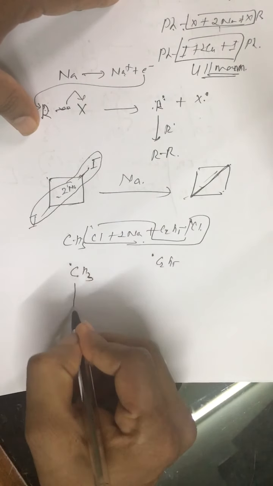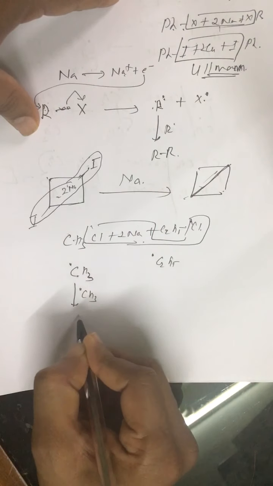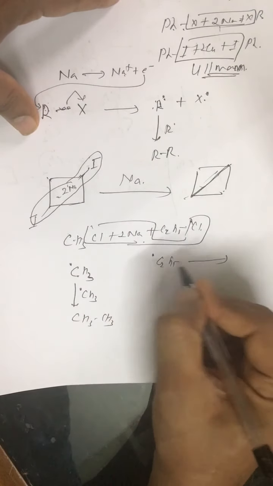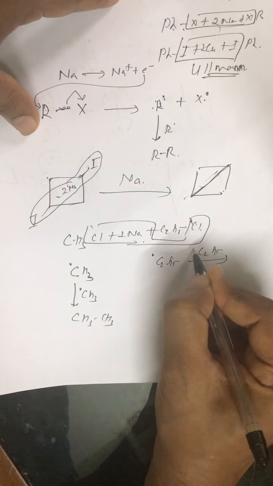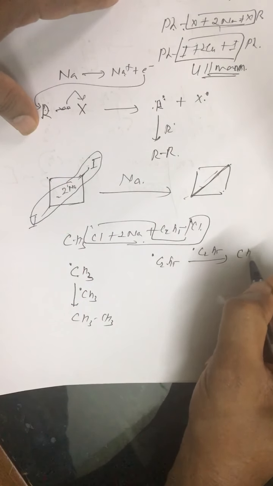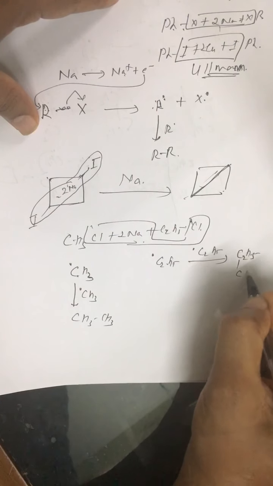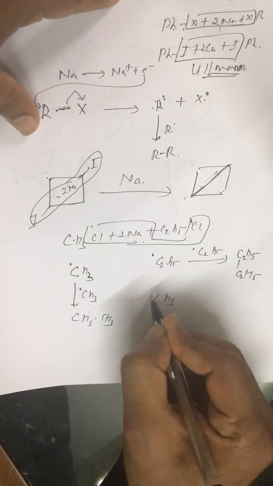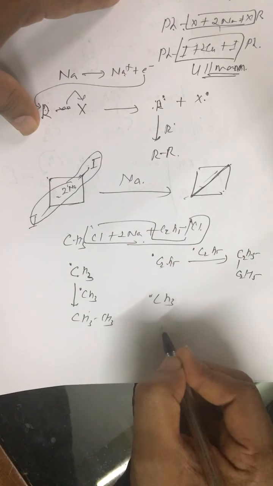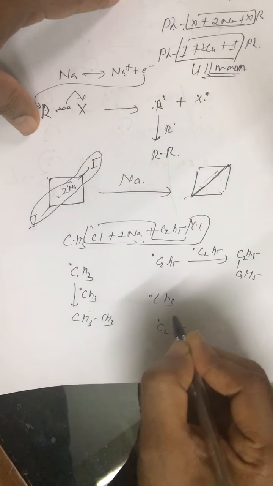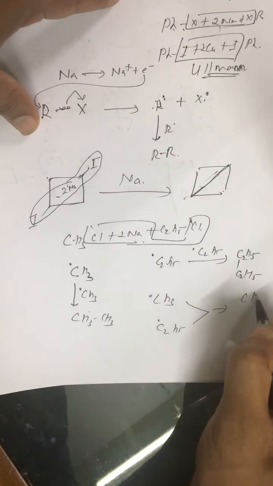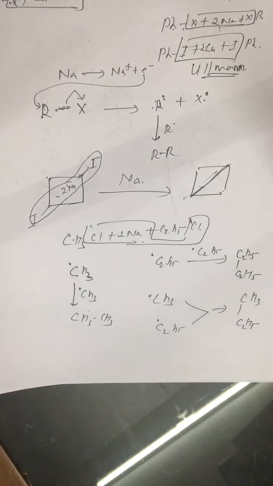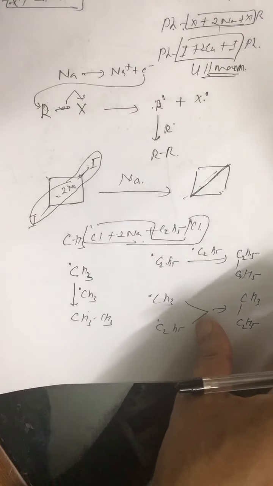So CH3 can combine with another CH3 free radical to get ethane. Similarly, ethyl free radical can combine with another ethyl free radical to get butane. And now these two can also combine. CH3 free radical can combine with the C2H5 free radical to get propane, like that. So these kind of questions are seen in examination.